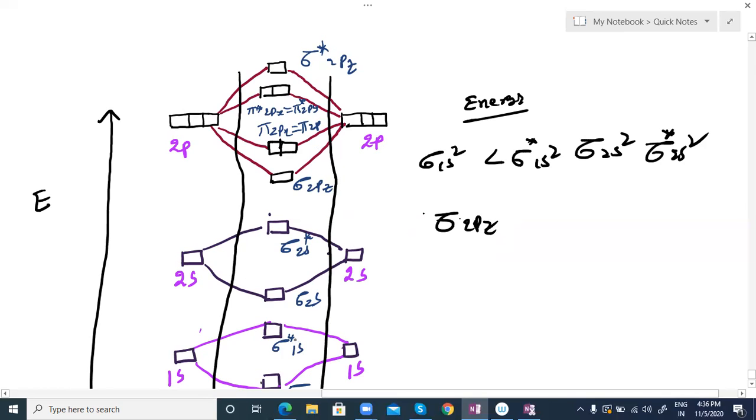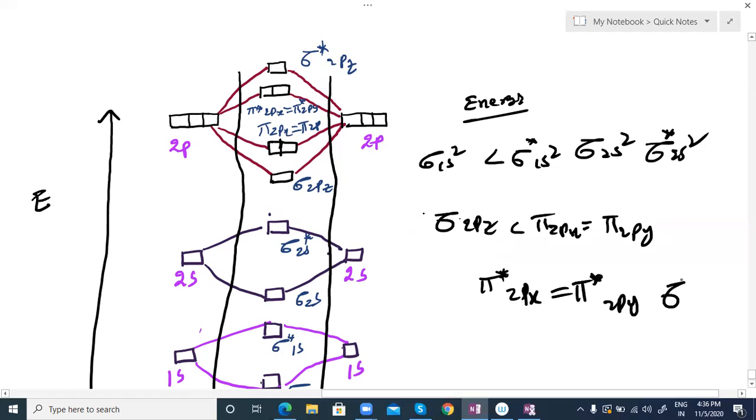Sigma 1s, sigma star 1s, sigma 2s, sigma star 2s, then sigma 2pz, followed by pi 2px equal to pi 2py. We have to see only the order, increasing order. E means energy, increasing from bottom to top. After that pi star 2px equal to pi star 2py, then sigma star 2pz is the last one.